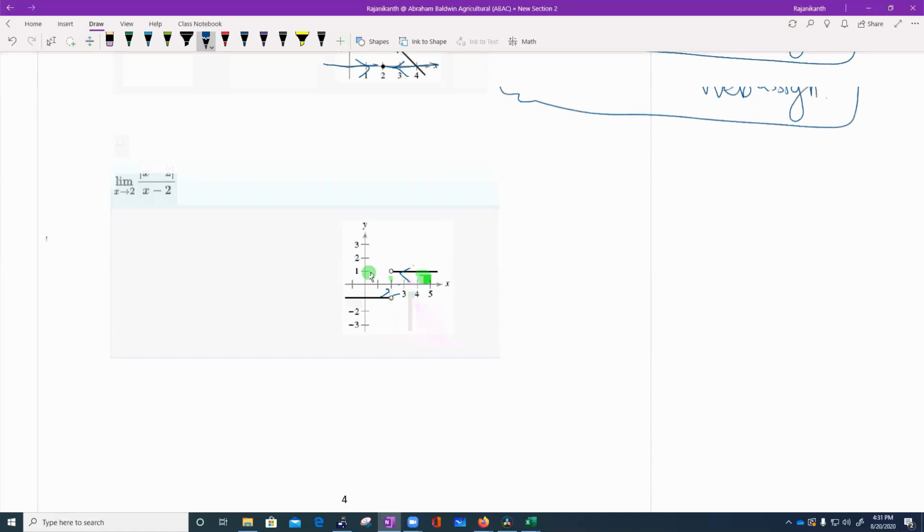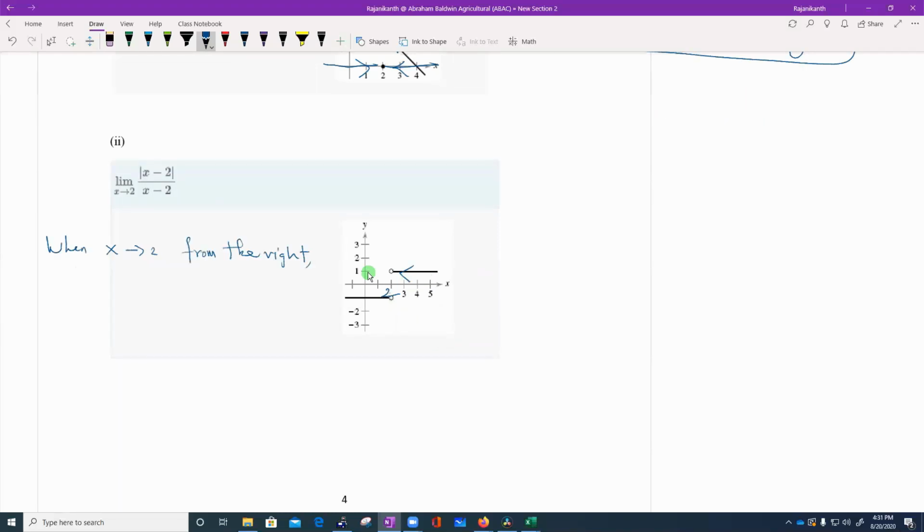So when x approaches 2 from the right, f(x) is closing to positive 1, right?